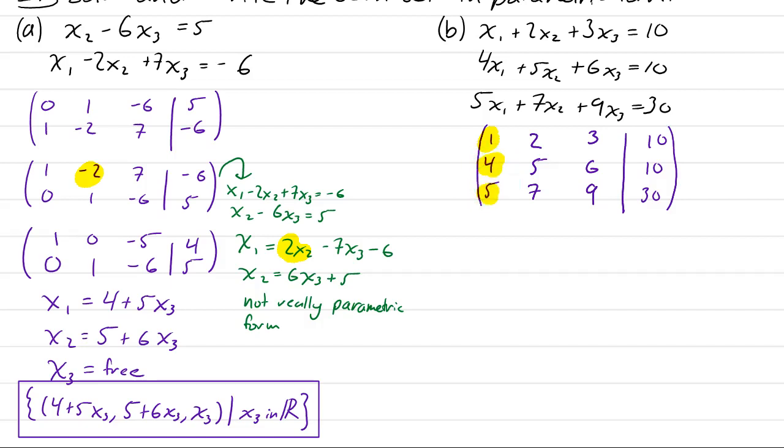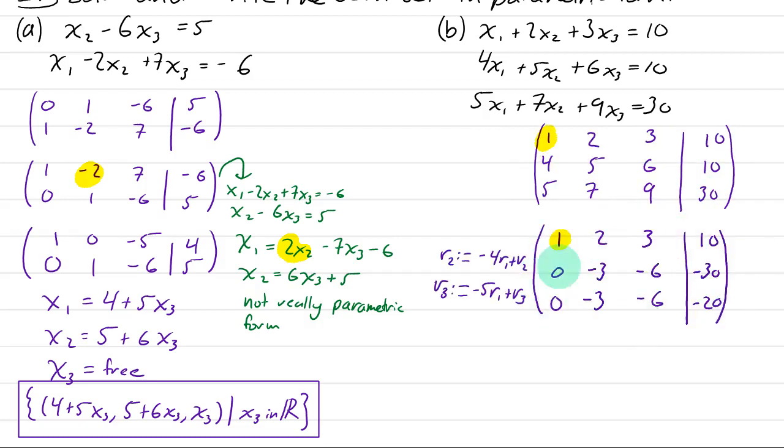So that's going to require a negative 4 times row 1 plus row 2 to replace row 2, and -5 times row 1 plus row 3 to replace row 3. This gives you this augmented matrix here. So we got everything underneath that pivot position all cleared out with zeros.